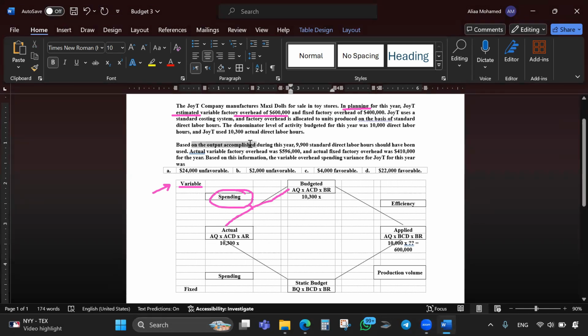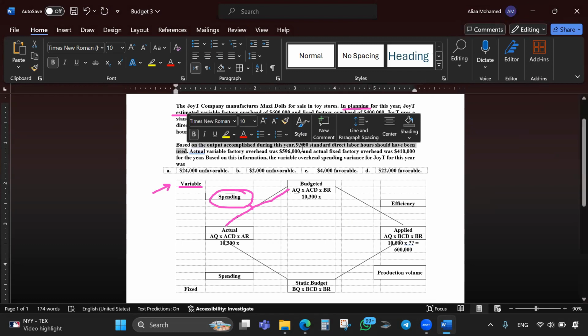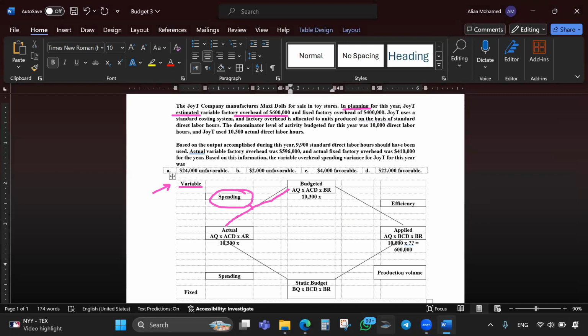Based on the output accomplished during this year, 9,900 standard direct labor hours should have been used. This amount should be written here, 9,900, which is budgeted quantity and budgeted cost driver, which will not be used in answering our question.